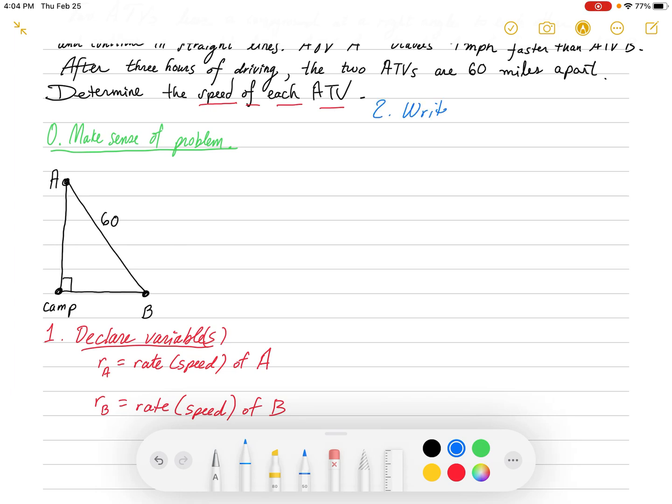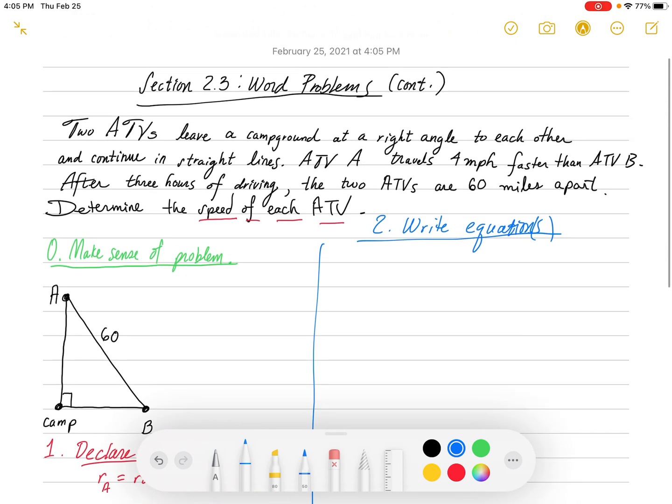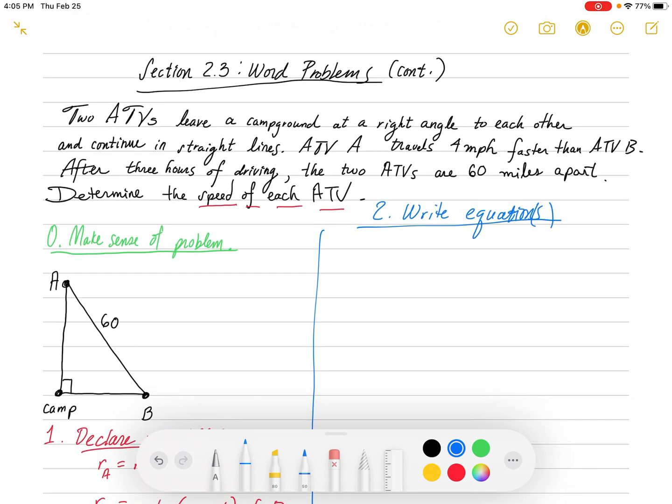That'll be our second big step, writing our equations. So the first big equation we have here, let's look at this. ATV A travels 4 miles per hour faster than ATV B. So the speed of A, it's going to be equation 1.